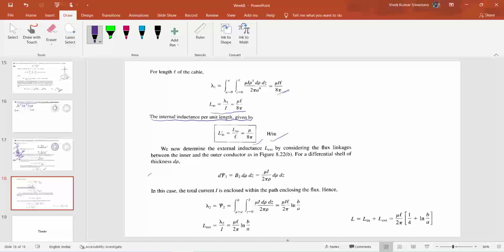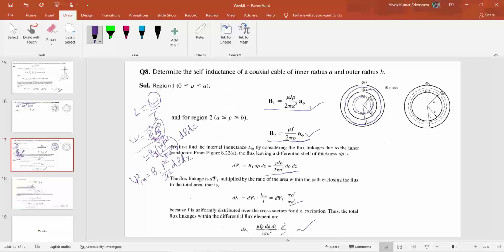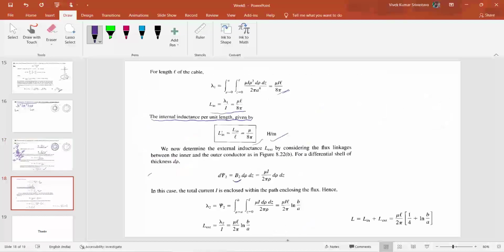Now for determining the external inductance, we have already found the value of B2, which equals mu I by 2 pi rho into a phi. You just calculate the flux contributed by this magnetic flux density, and take dS as d rho dz.